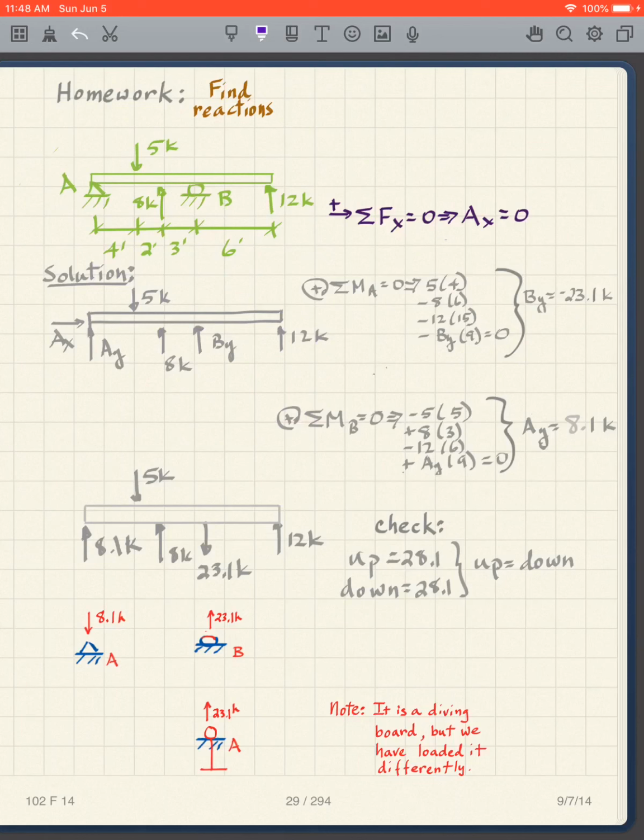Those go into this expression. We get 8.1. Again, we flip this around, put a positive 23.1. The 8.1 just goes in directly there. The AX is 0. And what we find is upward force is 28.1. The down is 28.1. So up is equal to down.